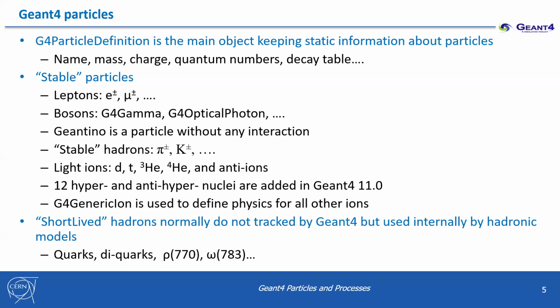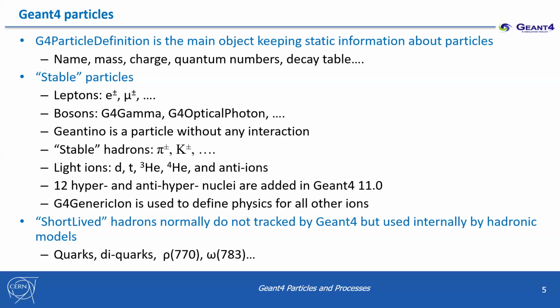There are bosons, G4Gamma and G4OpticalPhoton. From a physical point of view, it is an electromagnetic wave, and there is no strong boundary for wavelength between gamma and optical photons. But we use them differently because G4Gamma is a particle which takes part in interactions with matter and is allowed to produce secondary particles in interaction with material, with atoms.